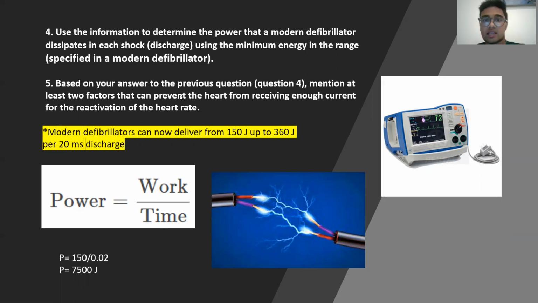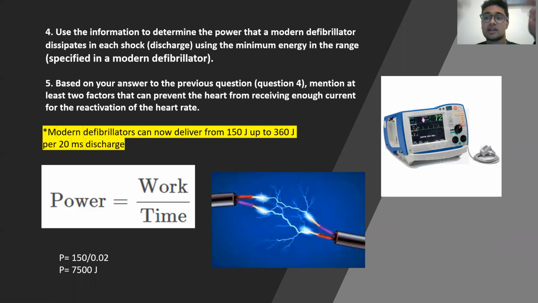And based on my answers in the previous question, two factors that can prevent the heart from receiving enough current would be not having enough time to charge.